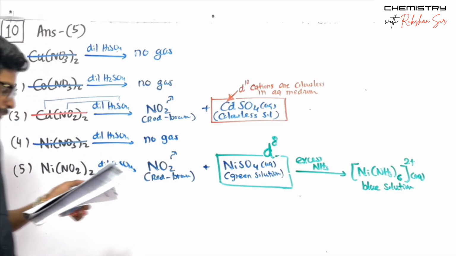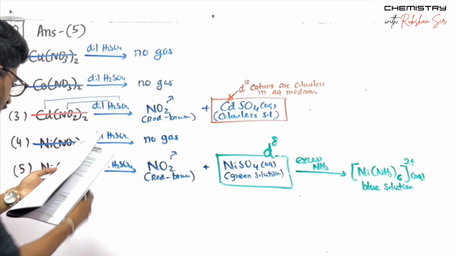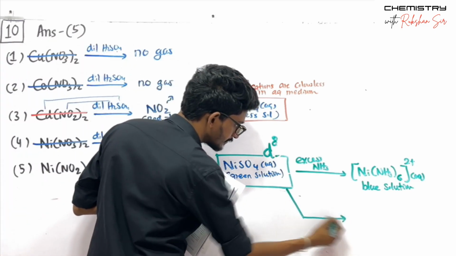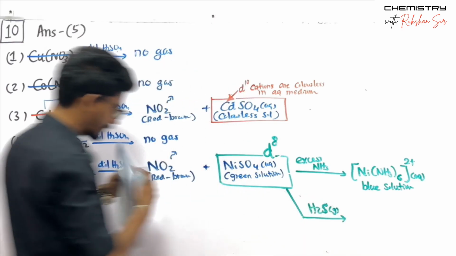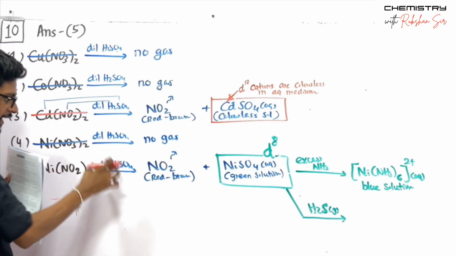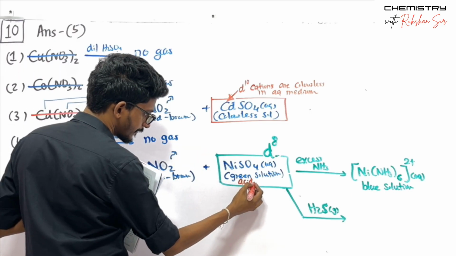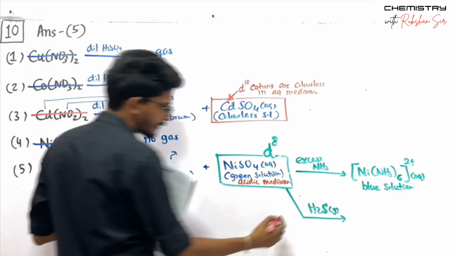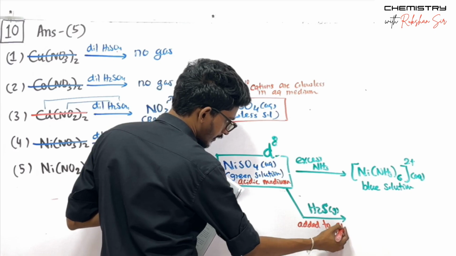Upon passing H2S gas through the initially obtained colored solution, it does not form a black precipitate. If you add some H2S here, remember now you are with an acidic solution, since acid is added to form the solution. So H2S is added to an acidic solution.